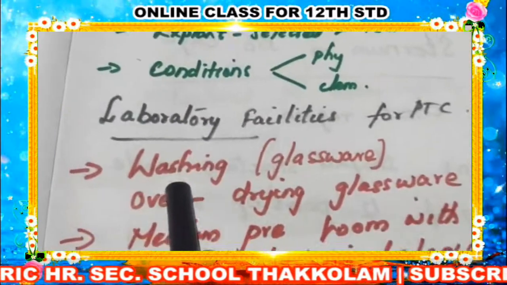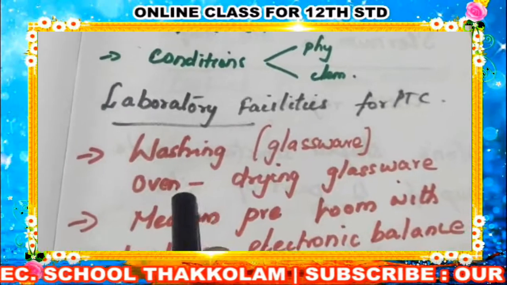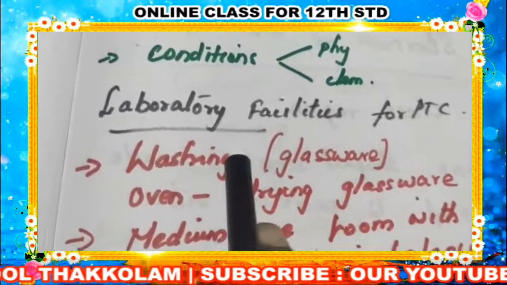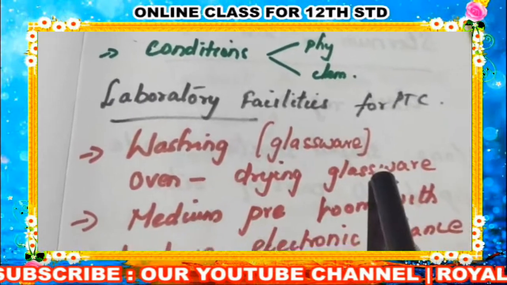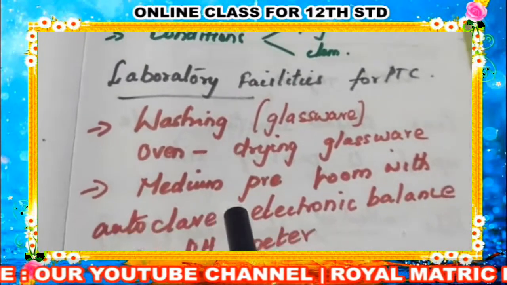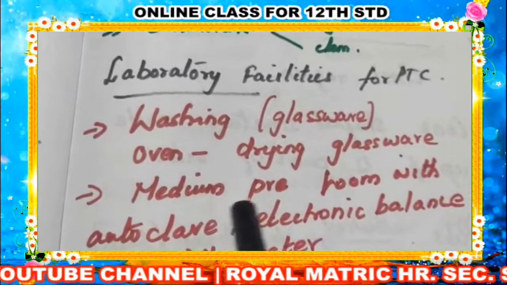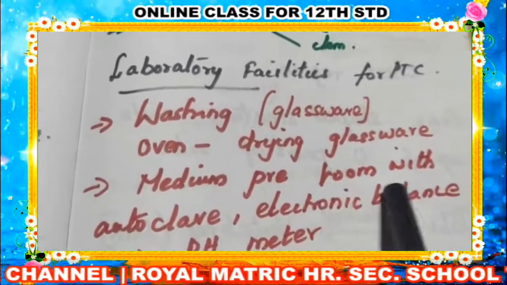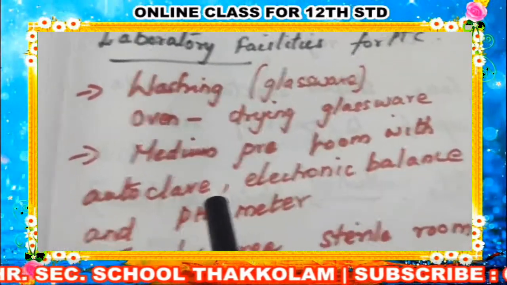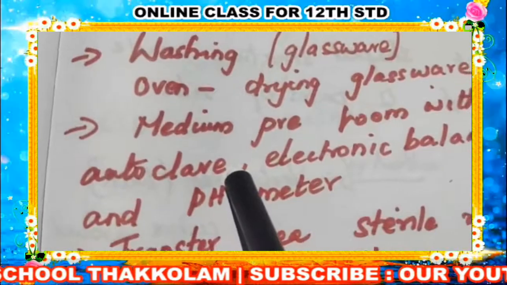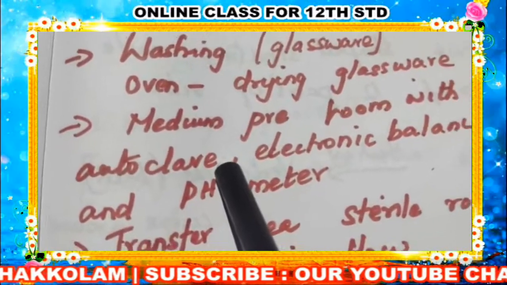You should have washing facilities for the glassware and an oven to dry it. And you should have a medium preparation room with an autoclave. An autoclave is a machine that is used to clean the vessels through steam.